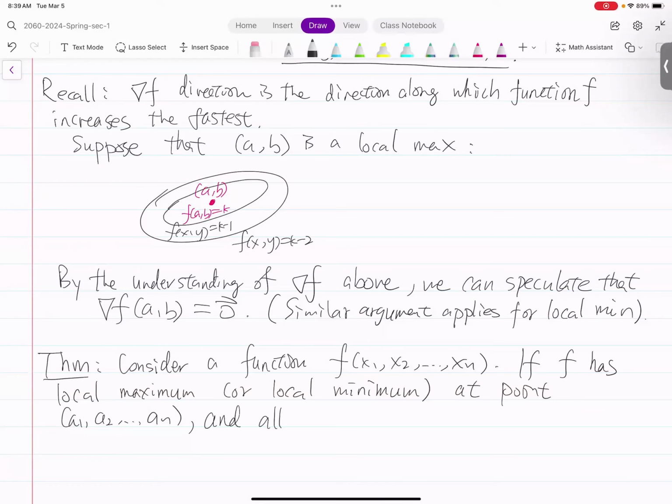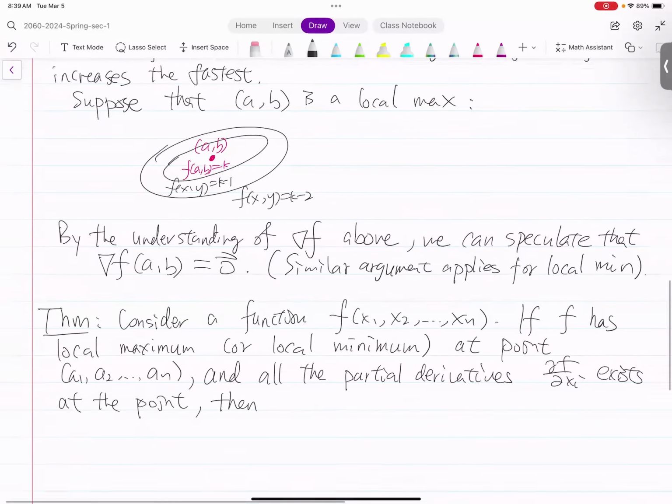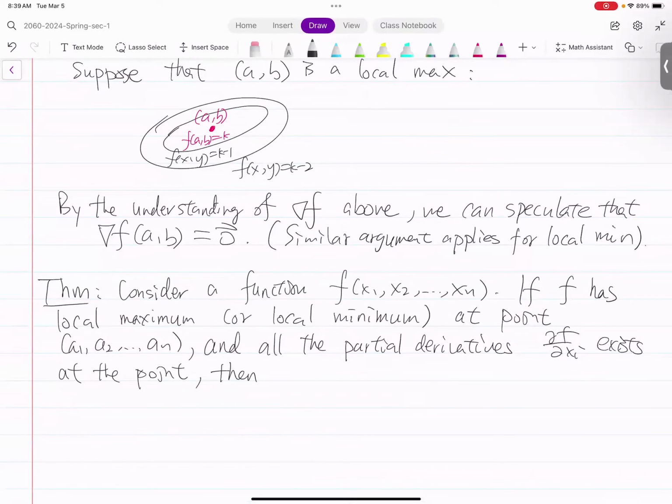and all the partial derivatives del f over del xi exist at the point, then all these partial derivatives have to be zero.